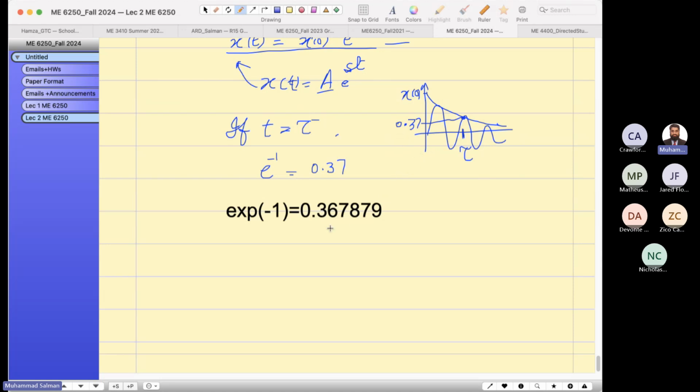And what if we go to the exponent negative 4, like 4 times the time constant? You will see it has gone down to 2%, very small. So if you want to double check it, it's about 0.018, multiplied by 100 will be almost 2% left from the original starting initial condition.